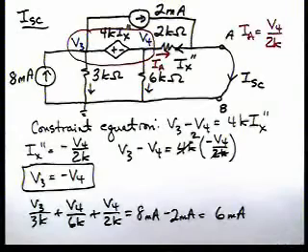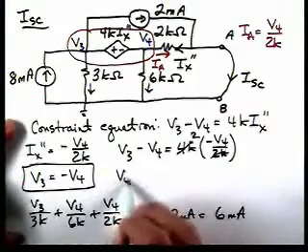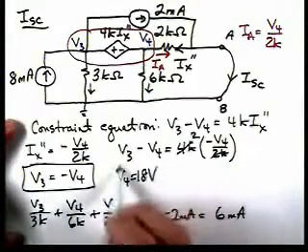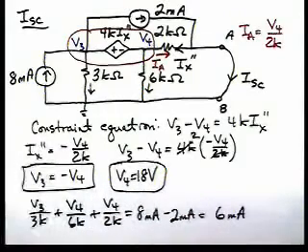Okay, so if we look at the arithmetic, if we substitute in here minus V4, we have a 6 plus a half, which is 2/3. We have minus a third, so basically we have 1/3 V4 is equal to 6 milliamps. So it turns out V4 is equal to 18 volts. So that's just plugging this into this equation.